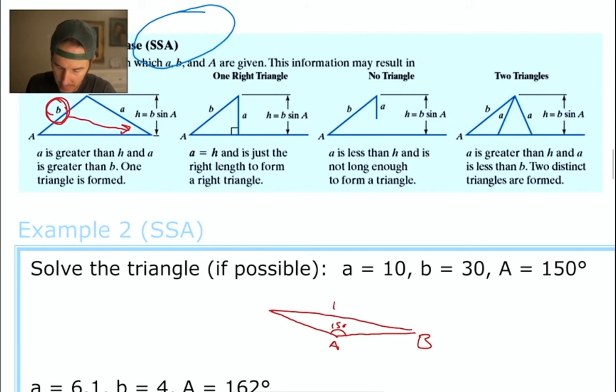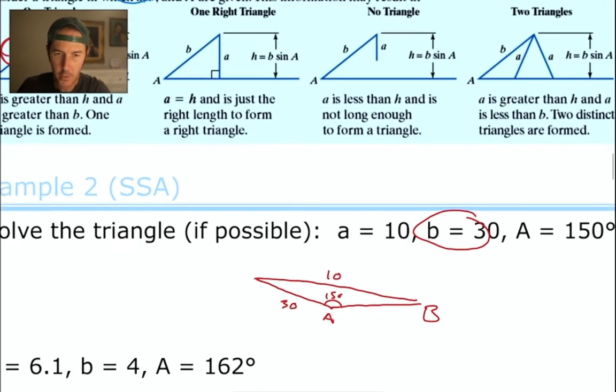And this should have side length 10, based on what was given to us in the problem. And side length B is going to be 30. It's a little tough to tell because this triangle is quite skinny. This is side length B, and that measures 30.